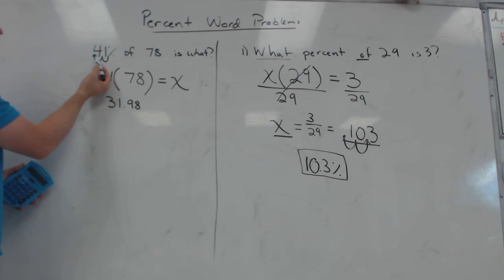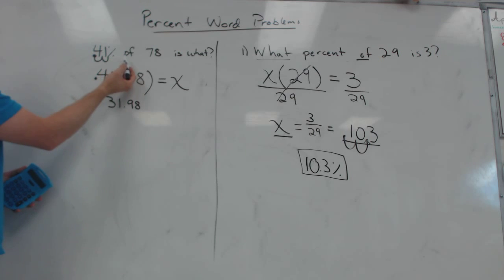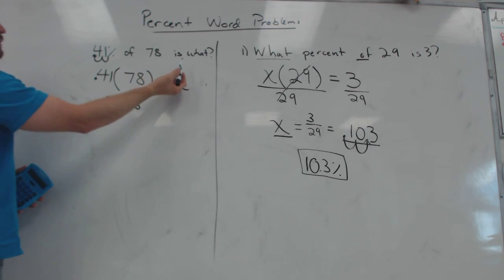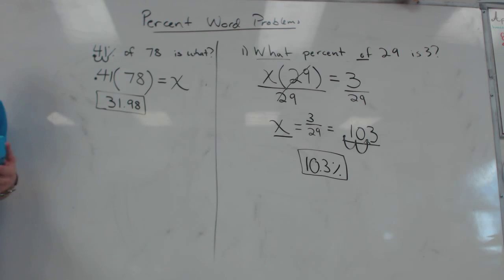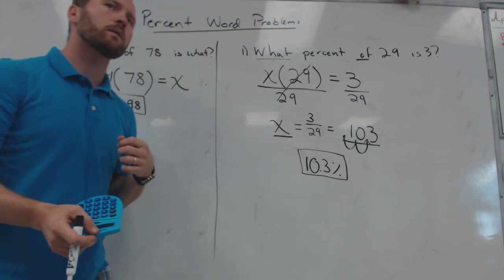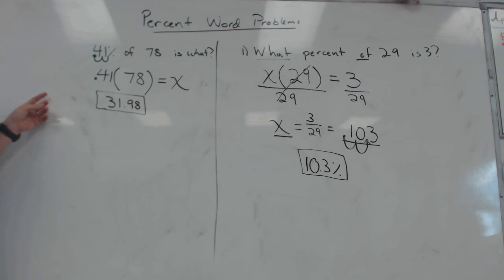So they said 41% of 78 is what? Do I need to convert this number, 31.98, into anything? No, I don't, right?